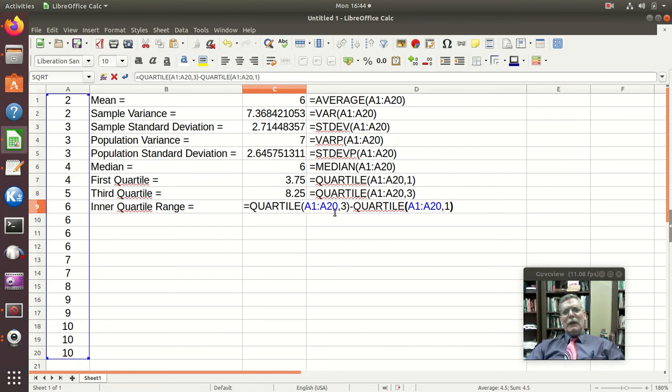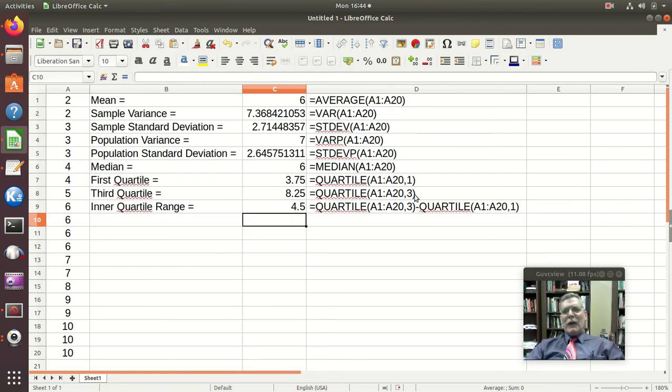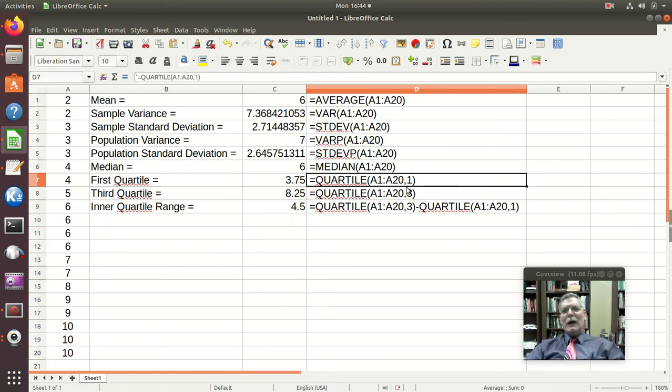Quartile of A1 to A20, quartile 3, so here's the third quartile minus the first quartile. So that's how we know what the quartile is. There's a comma between the range of numbers I'm doing this with, and then comma 1 to say first quartile, comma 3 to say third.